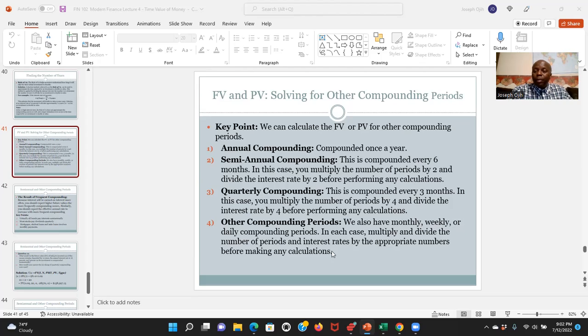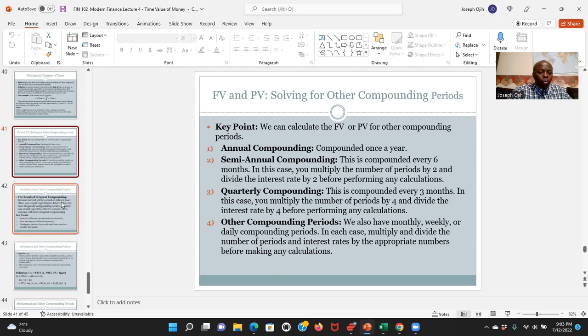And if it's daily compounding, most credit cards, as a matter of fact, use daily compounding. We will eventually come to that. In that case, you divide the interest by 365 and multiply the number of periods by 365.